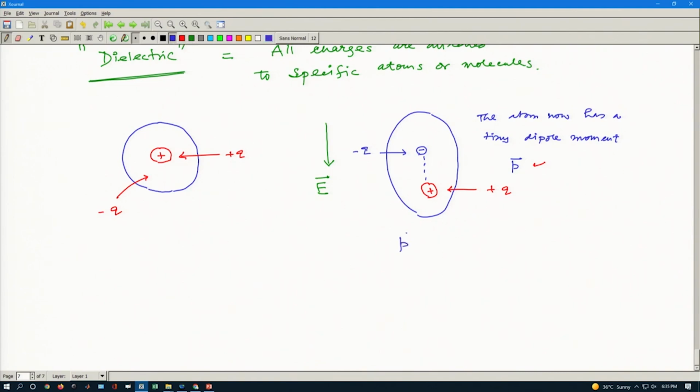So, I can write P is equal to some constant alpha times the electric field.